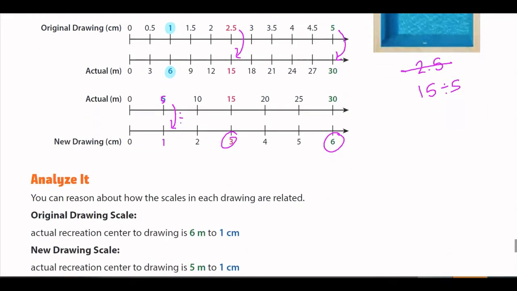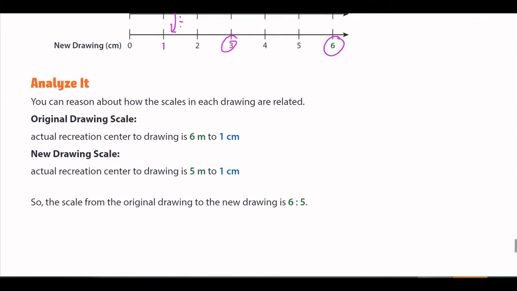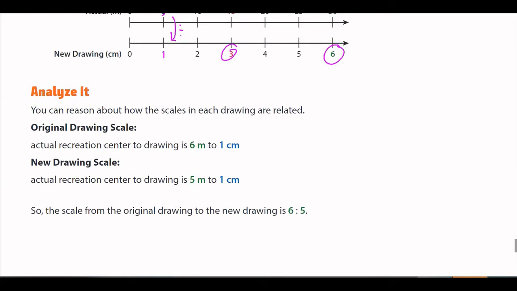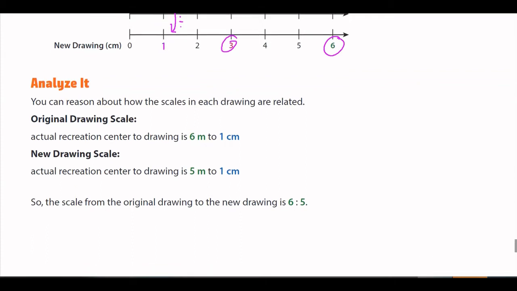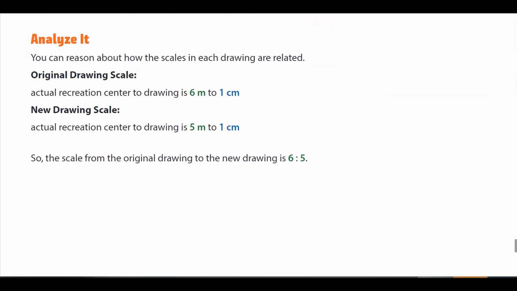Okay, let's do a little analysis here. You can reason about how the scales in each drawing are related. The original drawing scale, the first one up at the top, the actual drawing in the recreation center, the ratio was 6 to 1. They said that in the problem. And the new is 5 to 1. So how do they relate to each other?